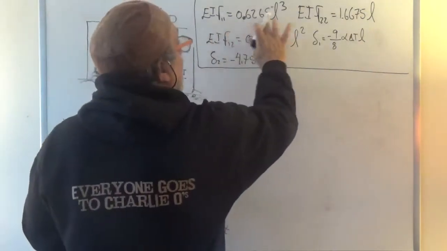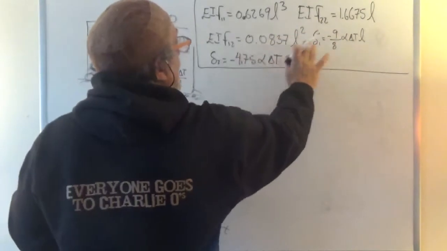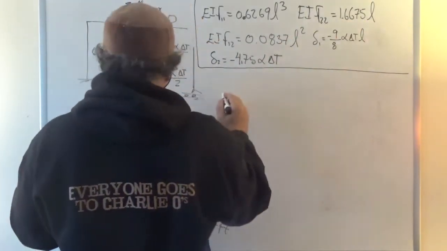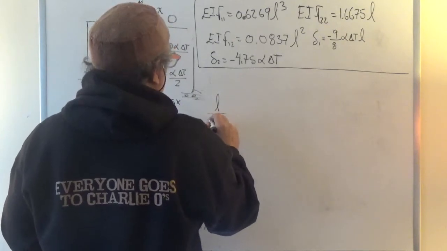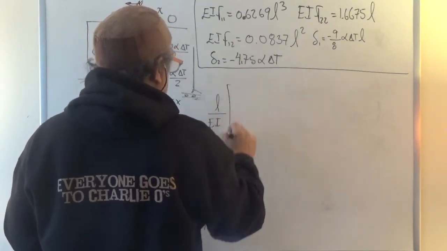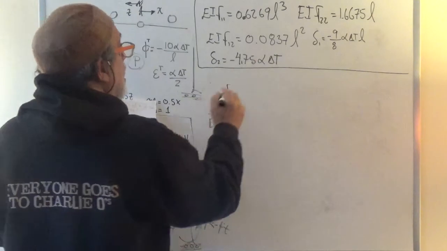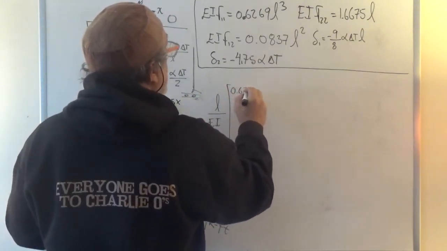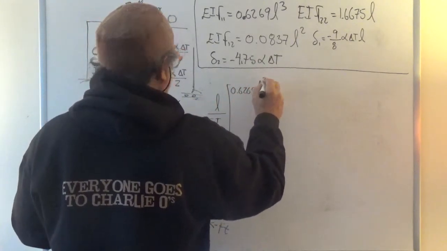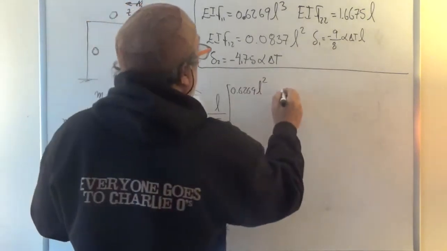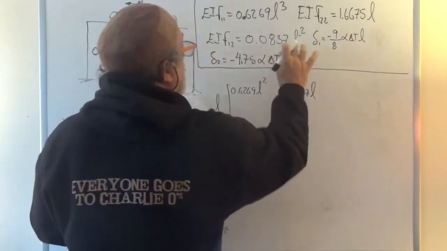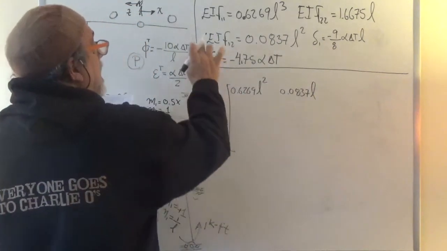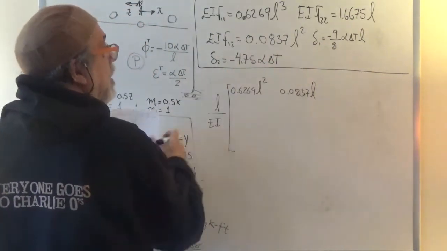For example, if you look at all these coefficients, L is the smallest one, so I think I could write this like this: L over EI, common factor of 0.6269 L squared, 0.0837 L, because I took one L outside and the EI down, right?